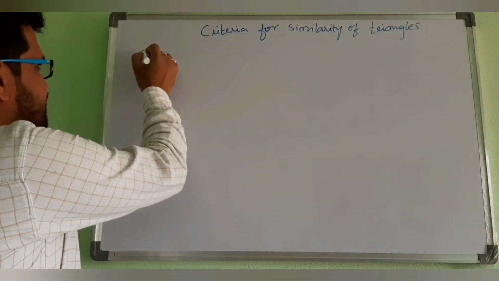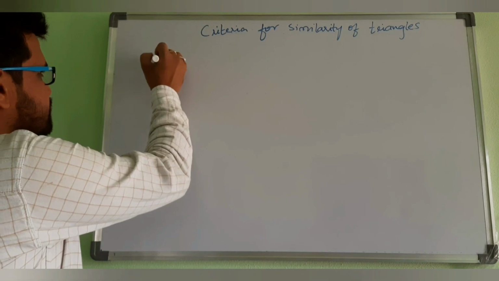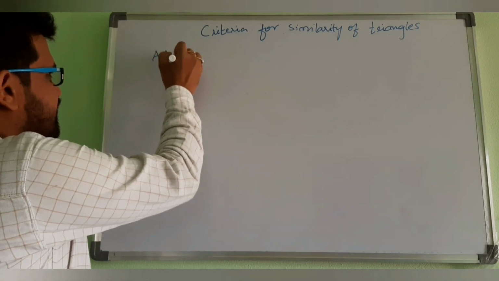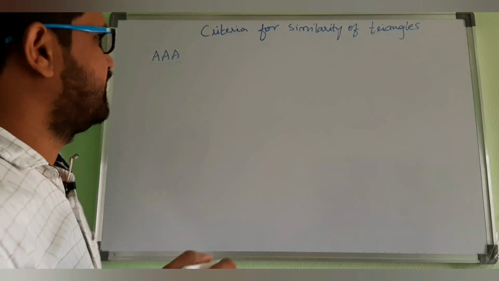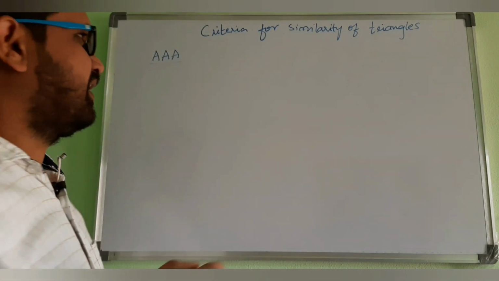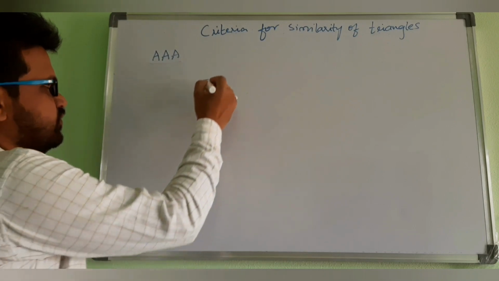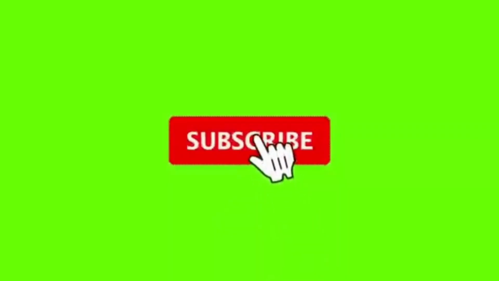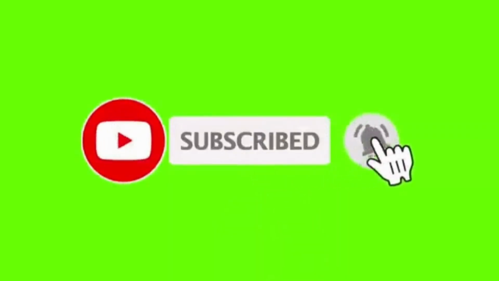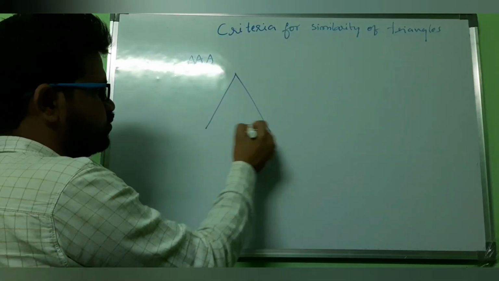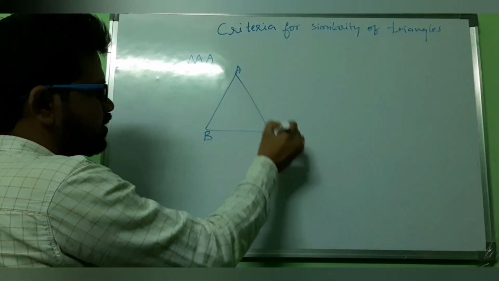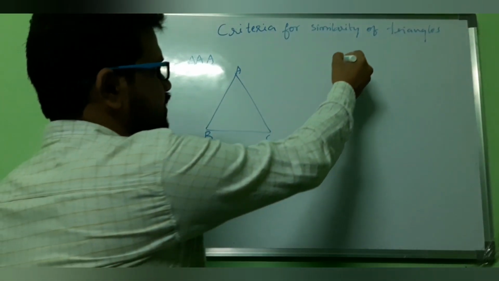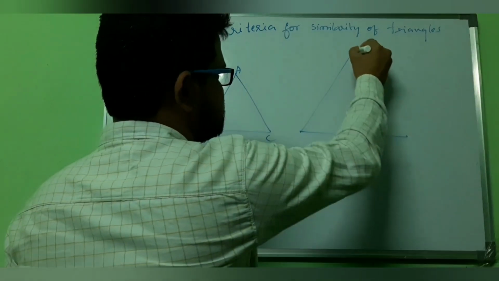So let us start first with the AAA criteria of similarity. What is the AAA criteria of similarity? For example, let us take two triangles, triangle ABC and another triangle DEF.